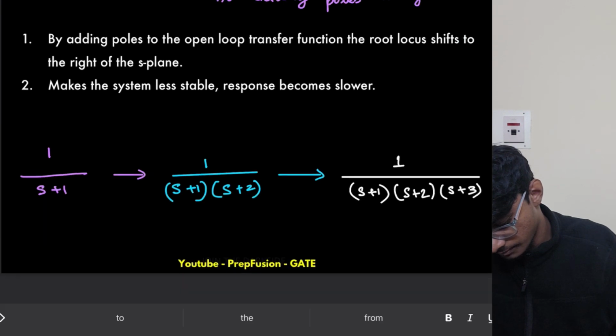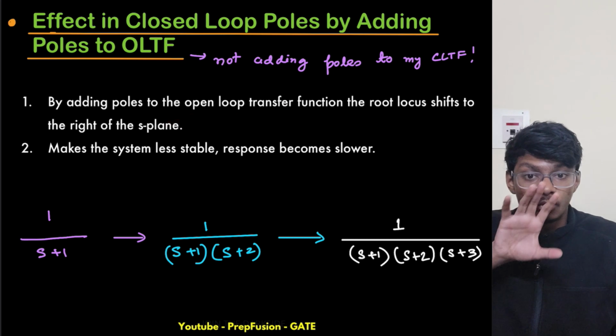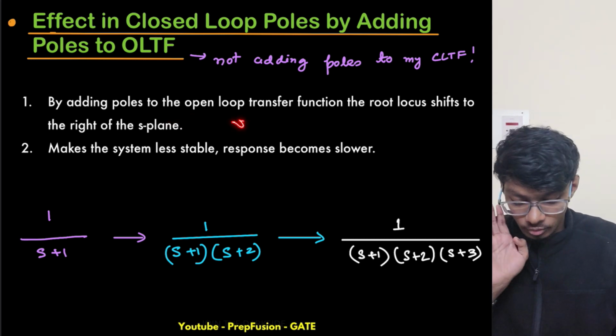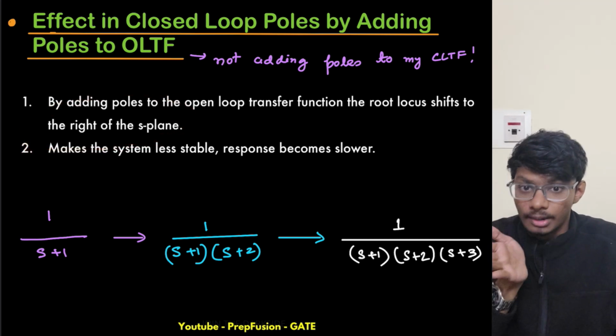So by adding poles to the OLTF, not the CLTF, the root locus shifts to the right of the S-plane.